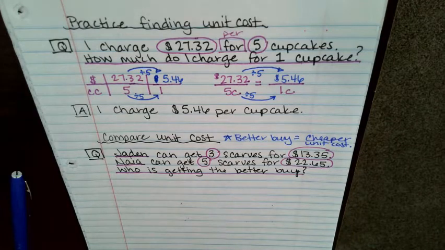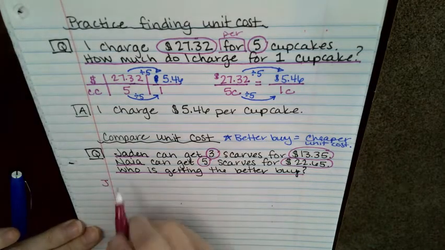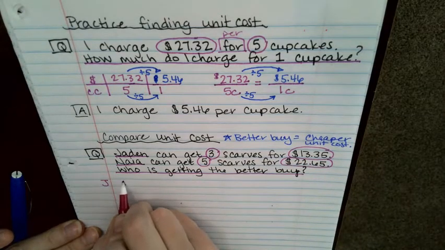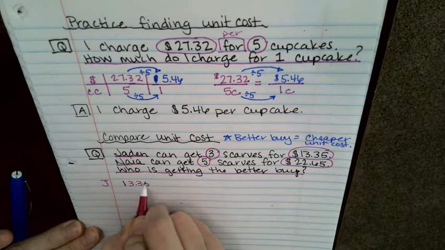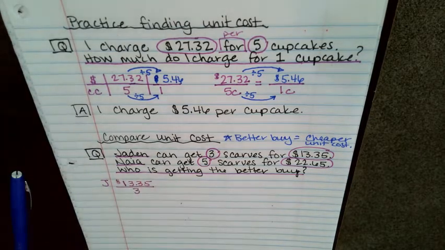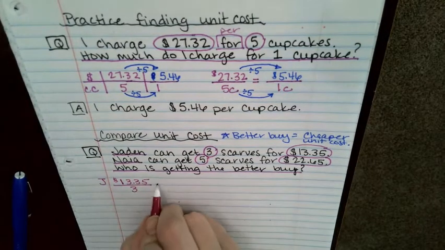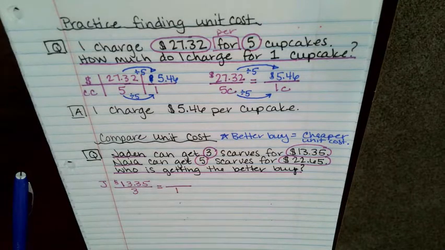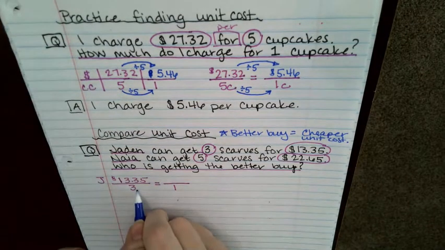Okay, so let's give it a shot here. So let's start with Jaden. So Jaden had 3 scarves for $13.35, but remember money's on the top, so I'm going to do this as a proportion, $13.35 per 3 scarves. Okay, I want to know how much it's going to cost him for 1 scarf. Okay, so again, what we're going to do is we are going to say, well, what did I do to get from 3 to 1?